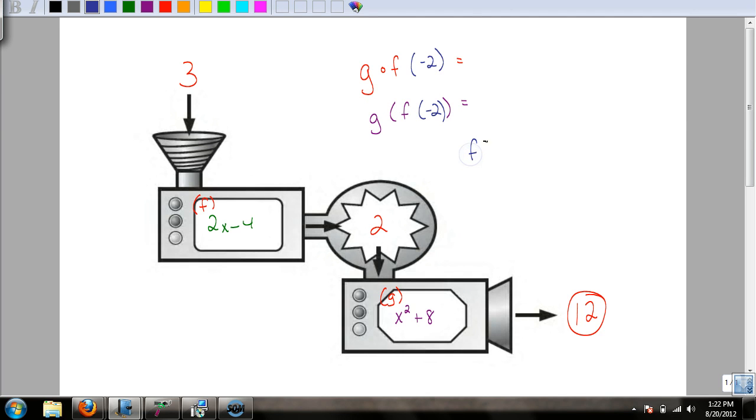Remember, function f is 2x minus 4. Function g is x squared plus 8. So to get my answer, I'm going to put -2 inside of function f first.